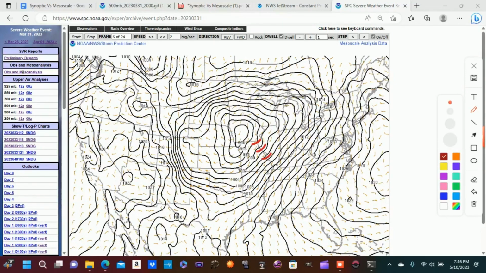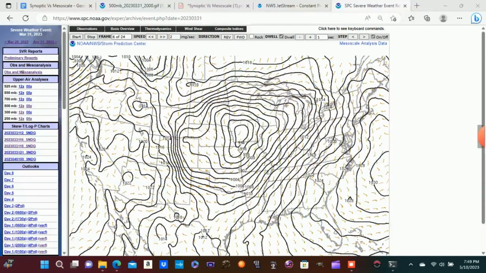One over the Mississippi Delta, and then another one that appears to be over the southern Ozarks, down into the Mid-South region from southern Missouri down into Arkansas. And so both of these prefrontal troughs help enhance the uplift in the atmosphere to help create supercell thunderstorms.